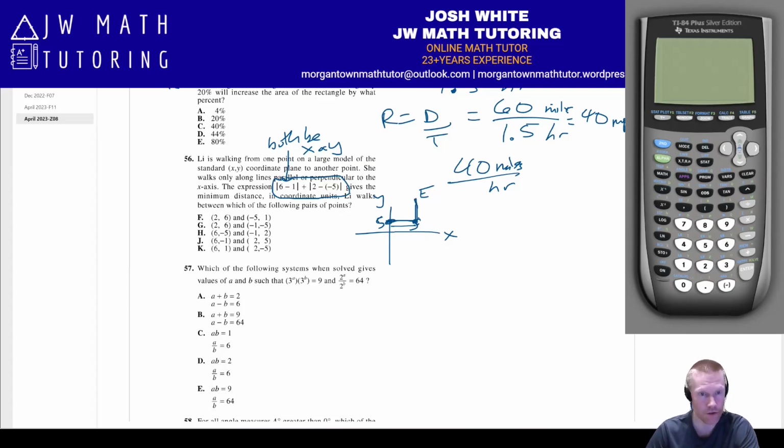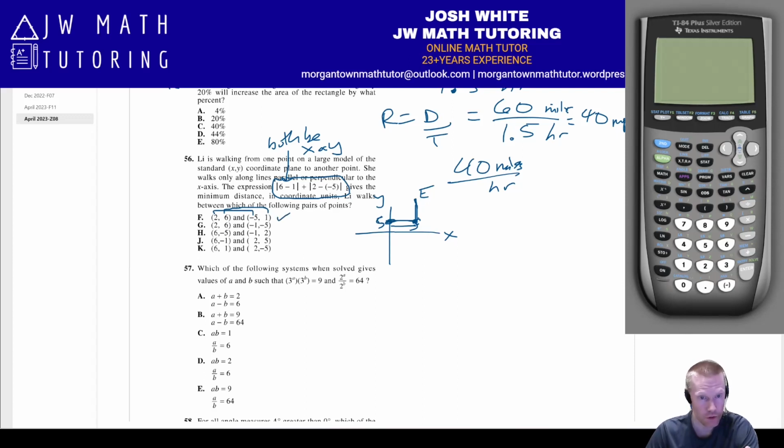So notice when you go through the answer choices here, F is the only one that has 6 and 1 in the same corresponding positions, because both are y values. Similarly with 2 and -5, F also has them in the same positions, so that checks.